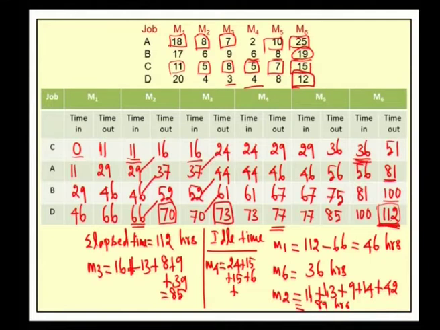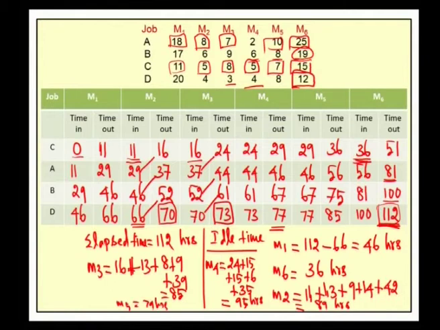Therefore, here the idle time is 112 minus 77, which is 35. So, the idle time of machine 4 is 95 hours. The same way we can compute the idle time of machine 5, which is 79 hours.